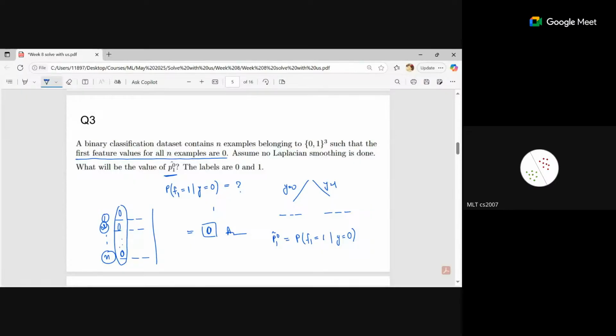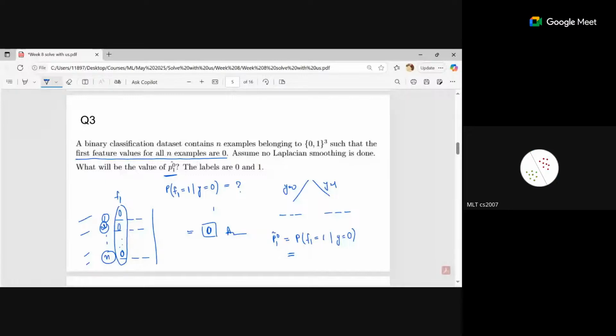This is the estimate. Now, if you look at all these examples, all these f1 values are 0, right? So how do you find this? Out of all the examples which are labeled as 0, you need to see how many examples are taking the feature f1 as equal to 1, right? That is how you define this.